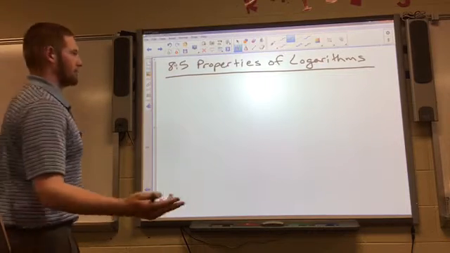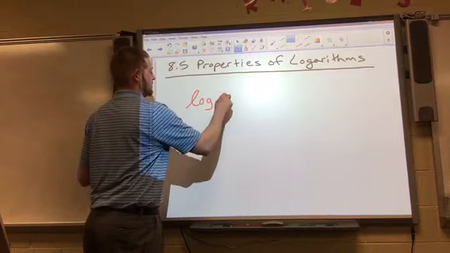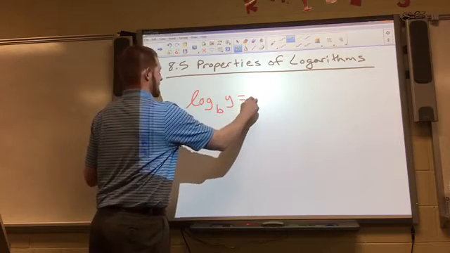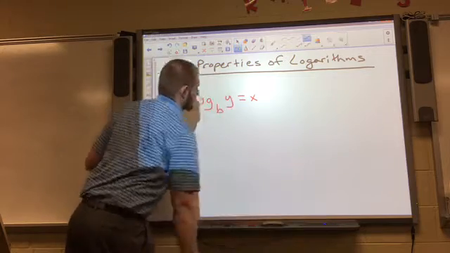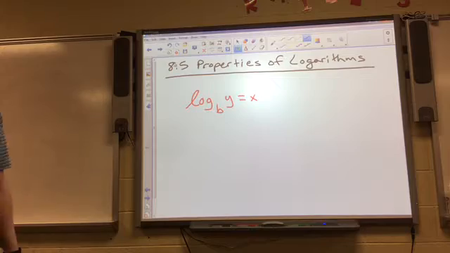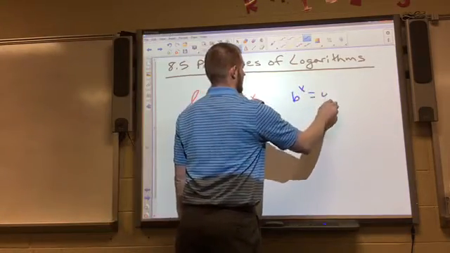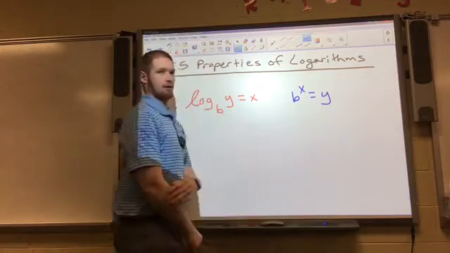All right. Remember, if I have log base b of y equals x, what's another way I can write that? Or what's the inverse of that? B to the x equals y. Or, as Mitch said, y equals b to the x, right?